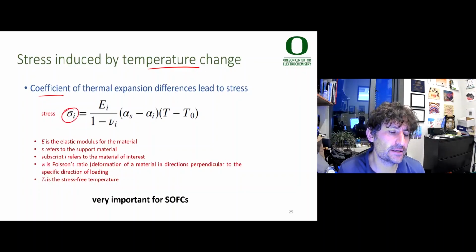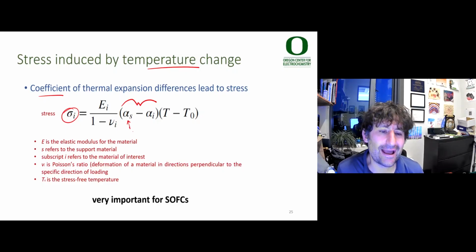So the stress due to that coefficient of thermal expansion difference is related to the difference in the coefficient of thermal expansion. So for example, alpha S is going to be the coefficient of thermal expansion, so how much it expands as temperature changes, how much the volume changes with temperature for the support versus for the material of interest.